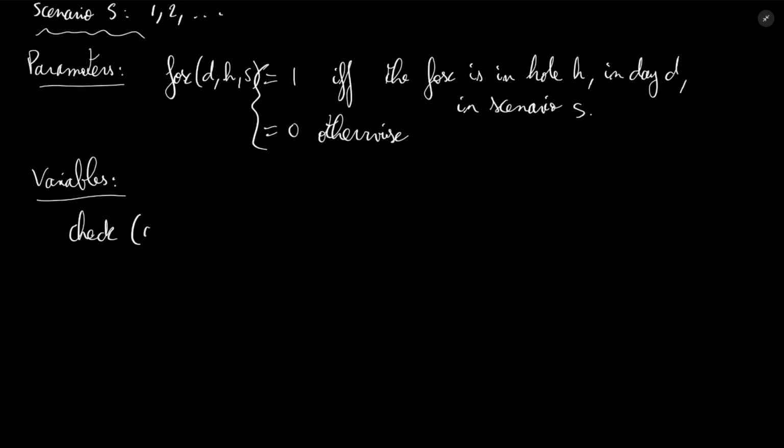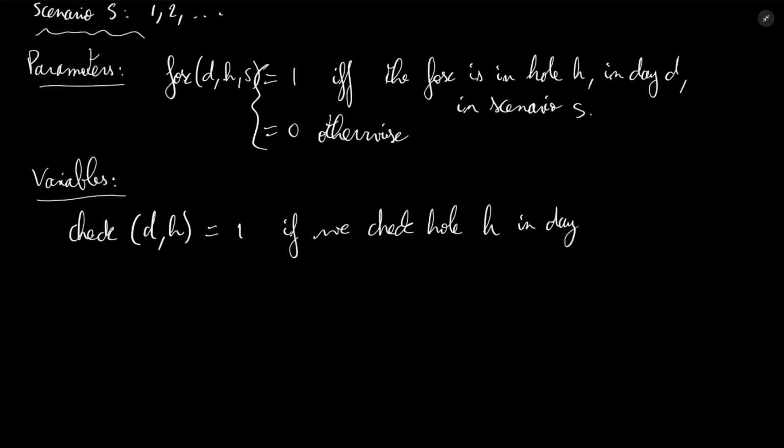So let's call this variable check DH, and it will be equal to 1 if we check hole H on day D. Okay. So now a variable that will depend on the scenario S is catch. And this will depend on the day, the hole, and the S.